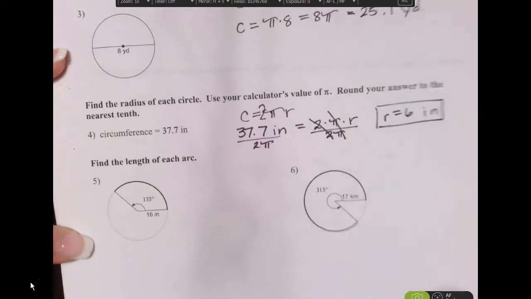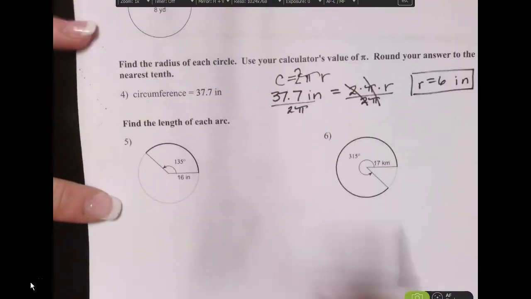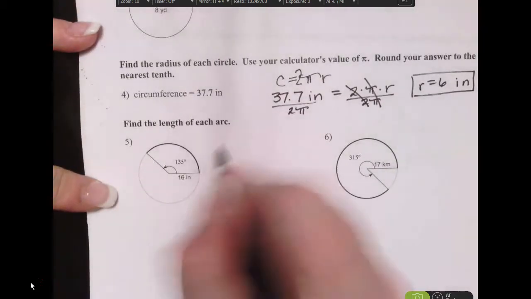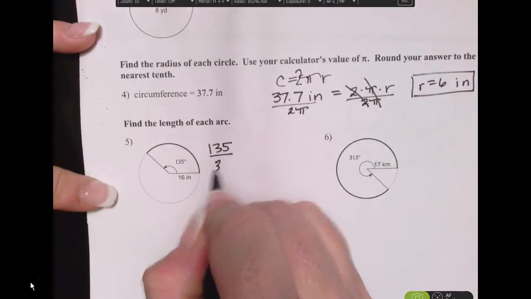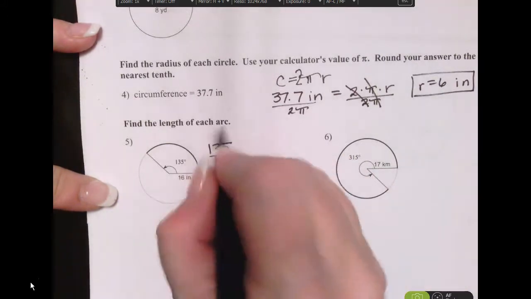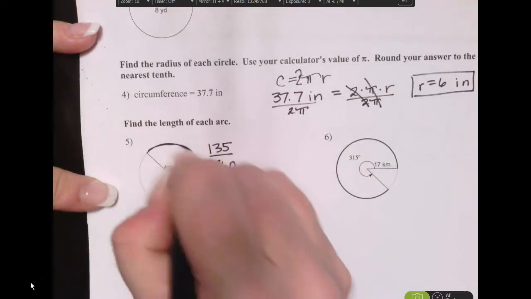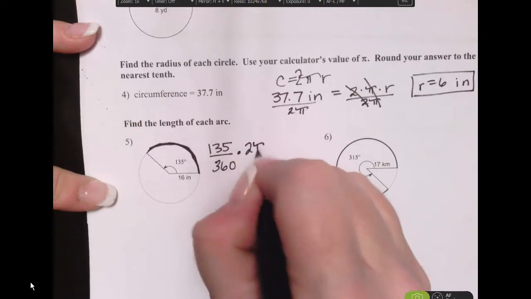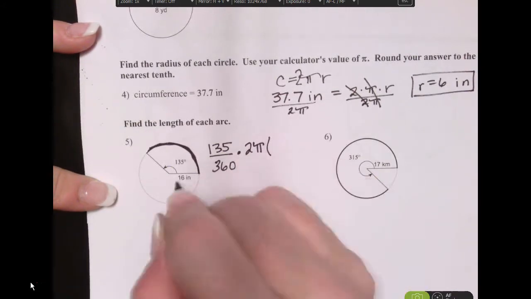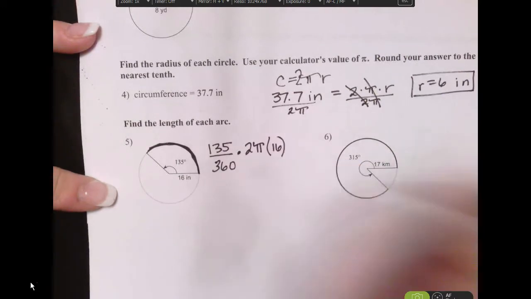Now I'm being asked to find the length of each arc. So if you recall, we have a formula for that. We're going to take the degrees out of 360, and then arc length is just a portion of the circumference. So we're going to multiply that times 2 pi r, and the r in this case is 16.